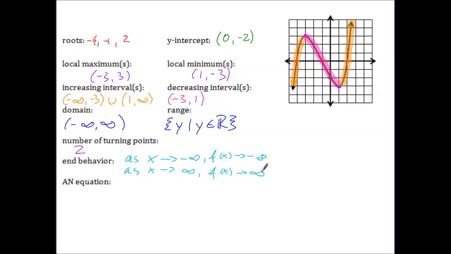And now we can even go ahead and write an equation. We have so much information already that we can use this to write our equation. f(x) is equal to, now let's use our roots, our factors. We get (x + 4)(x + 1)(x - 2).